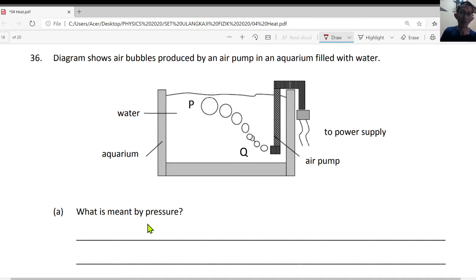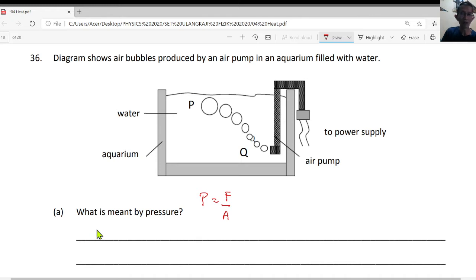What is meant by pressure? Remember that the general equation for pressure is P equals F over A. From this, you will get rho g h and so on. So what is meant by pressure?